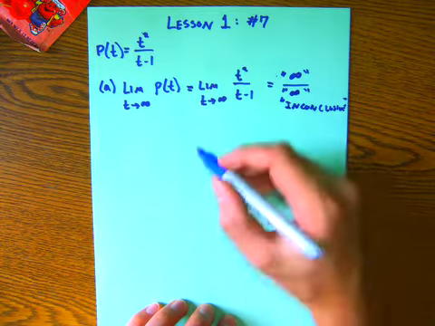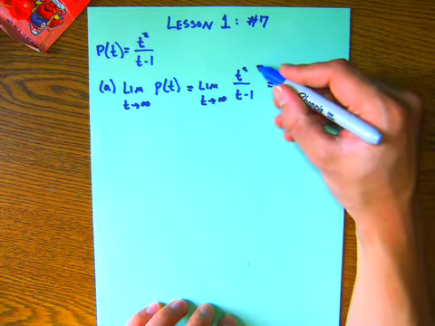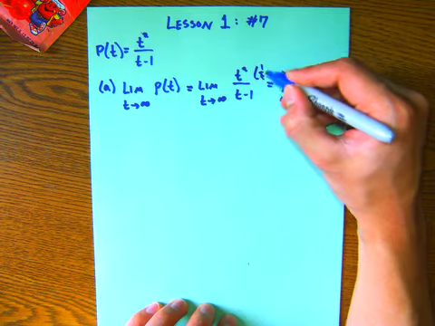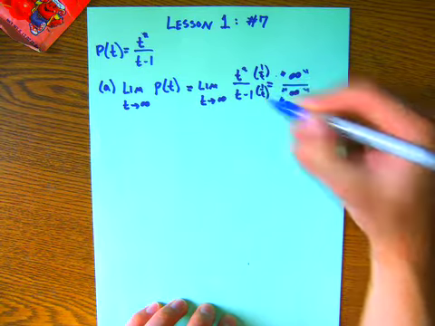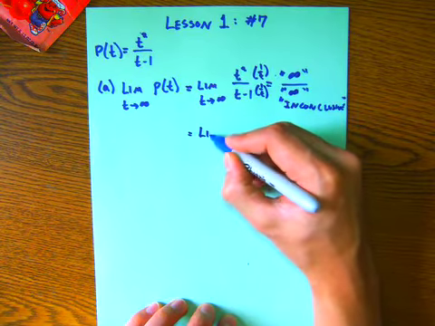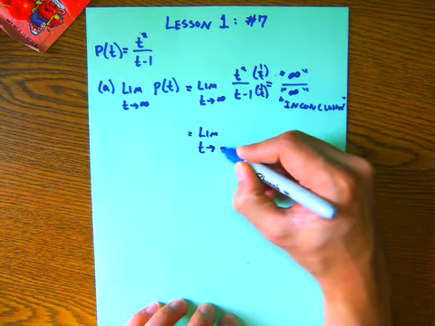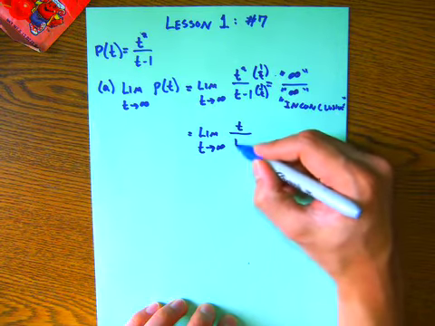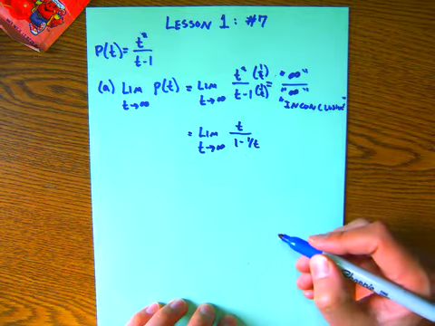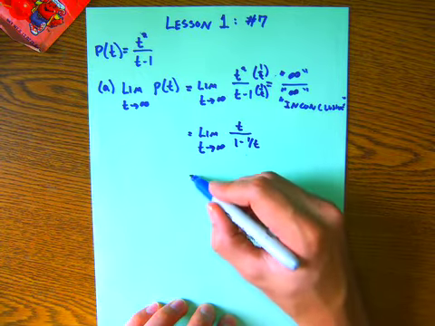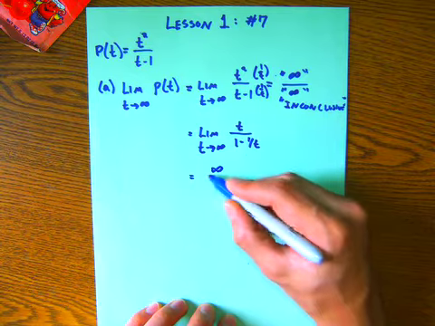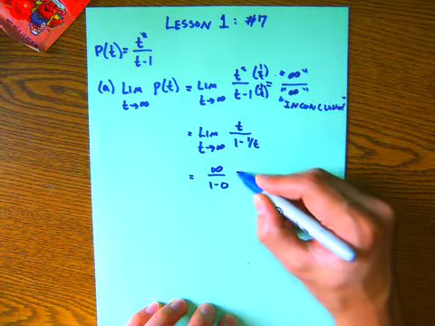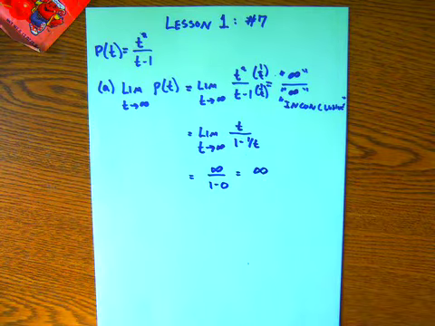But if we multiply the top by 1 over t and the bottom by 1 over t, this looks like the limit as t goes to infinity of t over 1 minus 1 over t. And now when we take that limit, that's equal to infinity over 1 minus 0, which equals infinity.